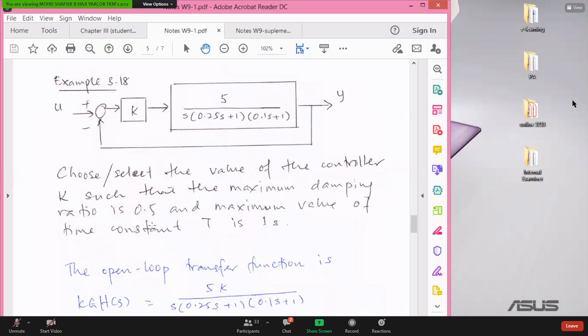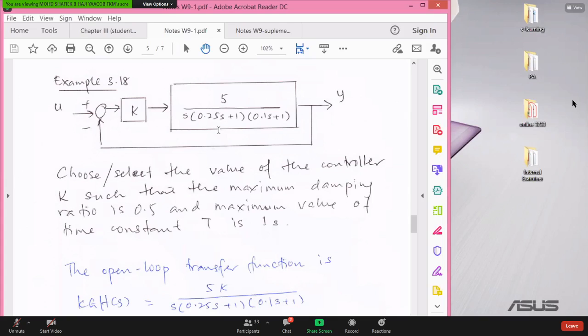To draw the root locus diagram, you need to extract the open loop transfer function and then put it in the form of zero pole format, not 1 plus time constant S like this. So this is 1 plus time constant S, and 0.25 is another time constant.